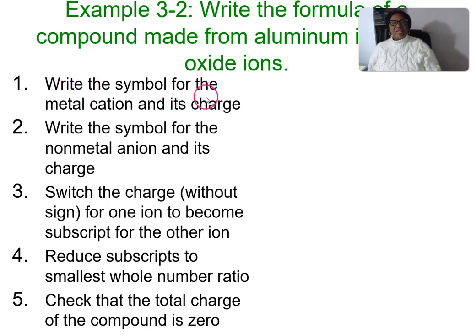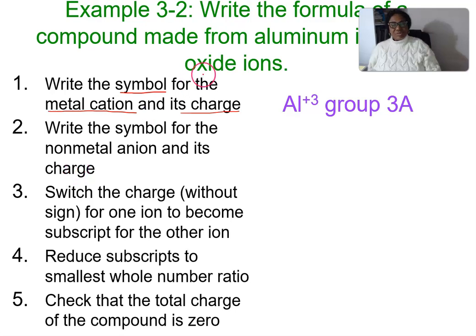First of all, write the symbol of the cation metal and its charge. So aluminum is in group 3 and the charge must be a superscript.